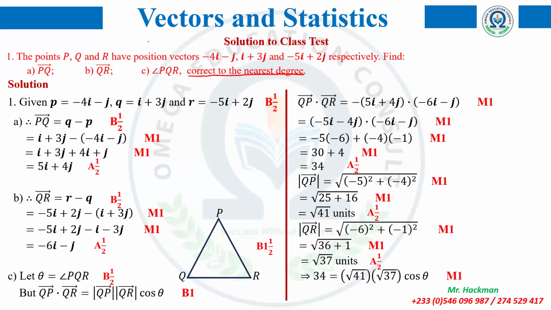After reading the question and underlining the salient parts, what do we do? We come and write solution. That's the first thing that we are supposed to write. Then after solution, questions are numbered because we want you to number your solution as well.